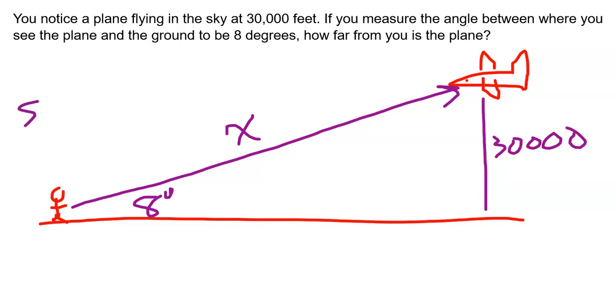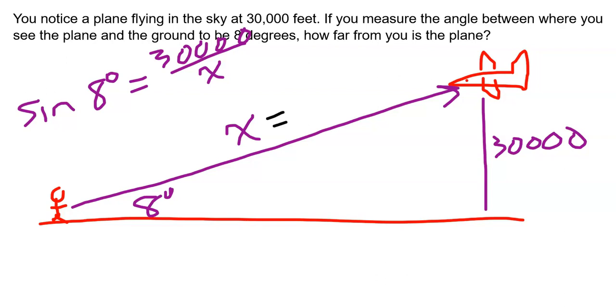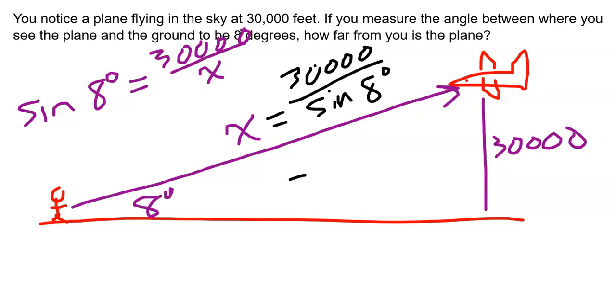Again, we have a sine situation where we know that the sine of 8 degrees is equal to 30,000 over x. We can flip around, multiply by x, divide by sine of 8 to get x is equal to 30,000 divided by the sine of 8 degrees. And so the sine of 8 degrees, when we actually calculate it, is somewhere in the vicinity of 0.1392.